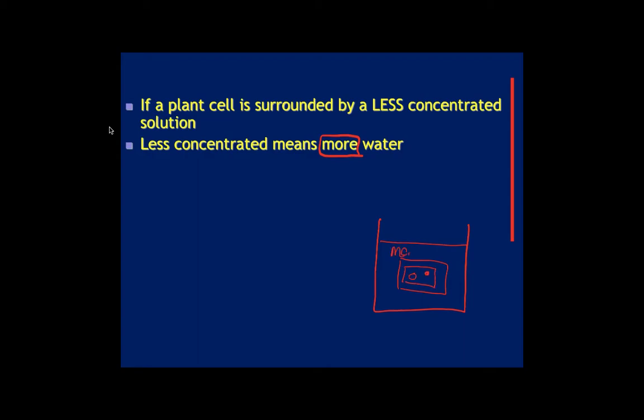So more water here, less water here, and we know from the definition of osmosis that osmosis is the movement of water from an area of high concentration to an area of low concentration. So what will happen is water will now move into the cell.